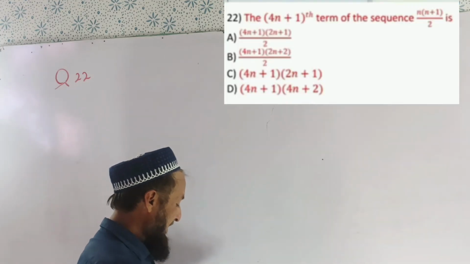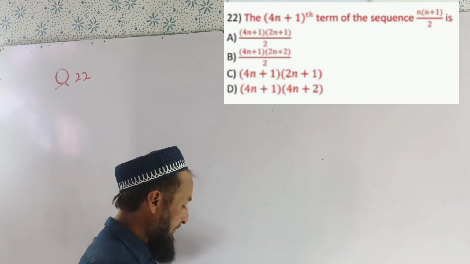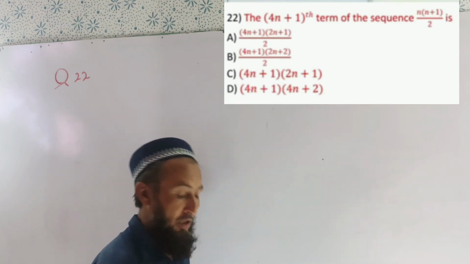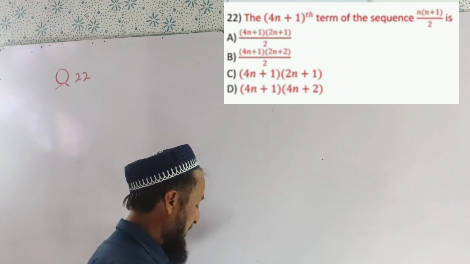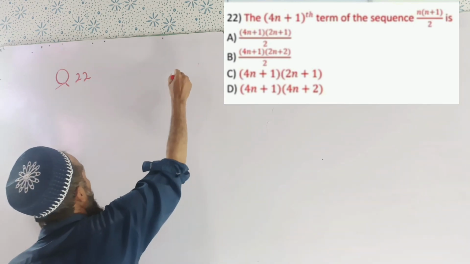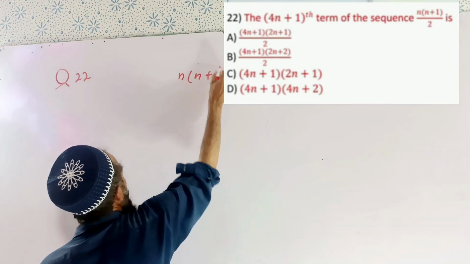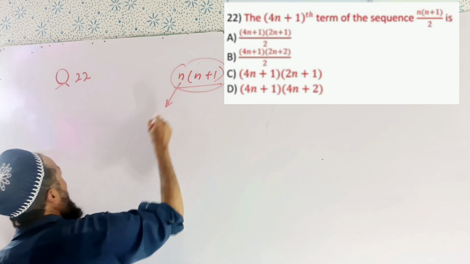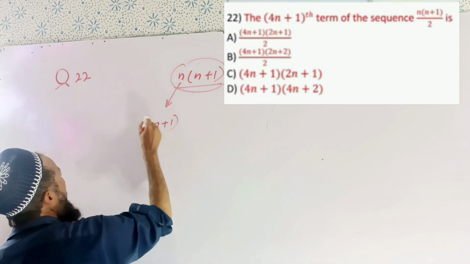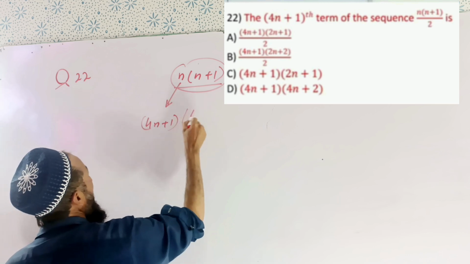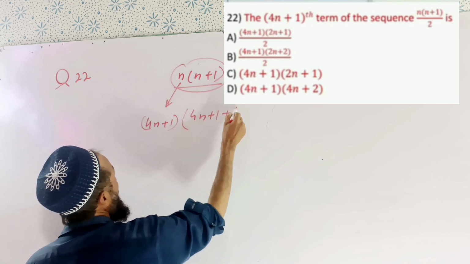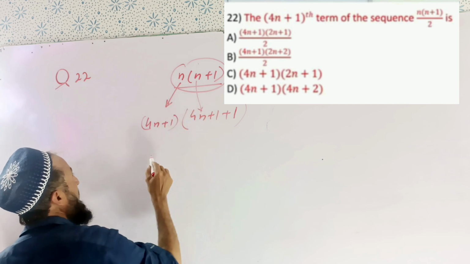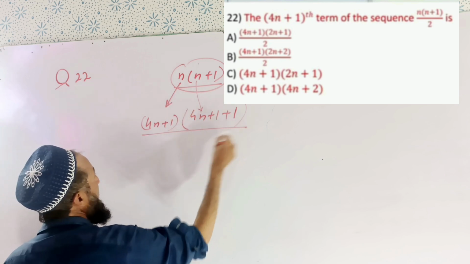For the 4n plus 1 term of the sequence, the nth term is n times n plus 1 divided by 2. So in the place of n we put 4n plus 1. We get 4n plus 1 times 4n plus 1 plus 1, divided by 2.